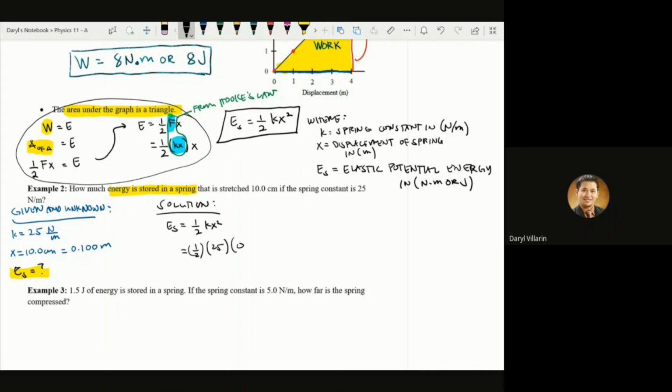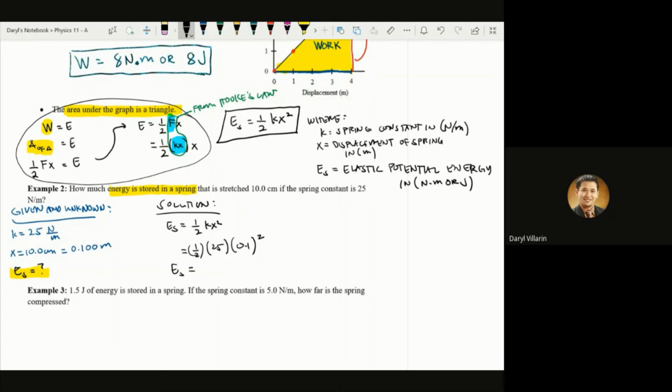25 times 0.1. Let's see, that would be 25 times 0.1, I forgot, it should be squared. So that would be power 2 and then times 0.5.